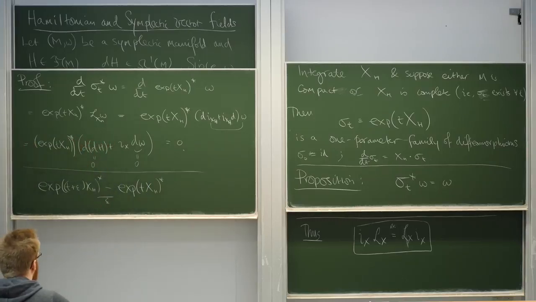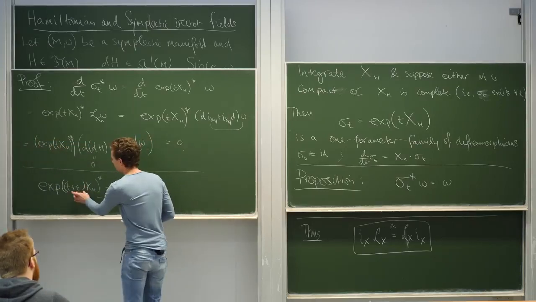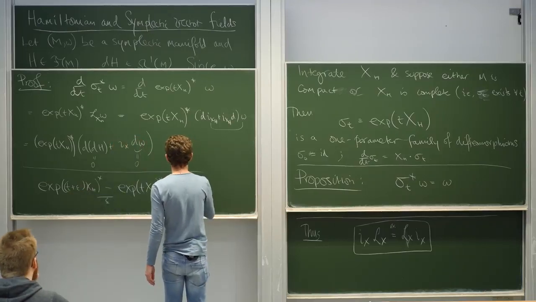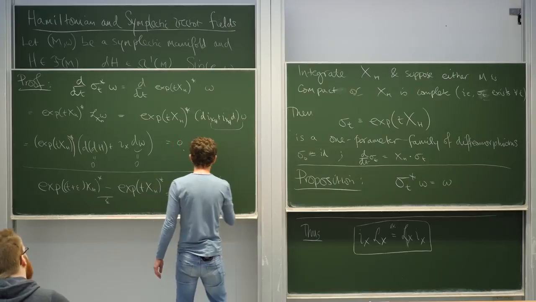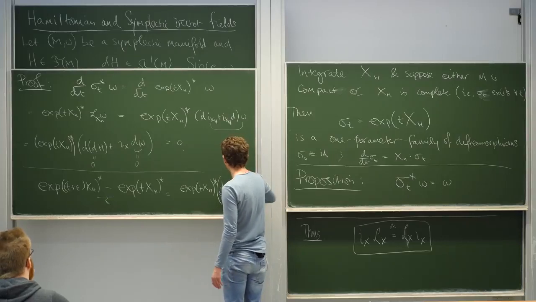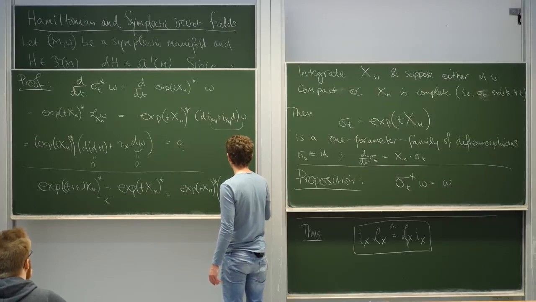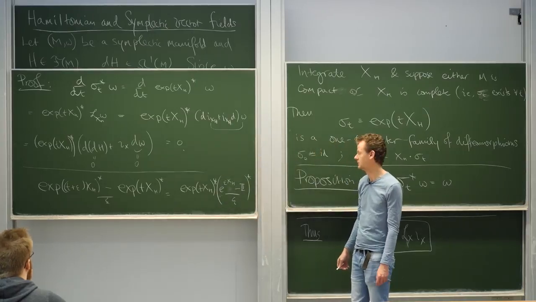That's the derivative. And then we're free to pull off the exp of t XH from either side. Well, e to the epsilon XH minus identity, and there we go. That's just the Lie derivative.